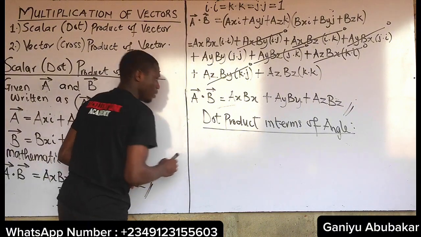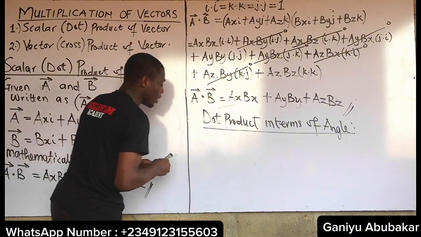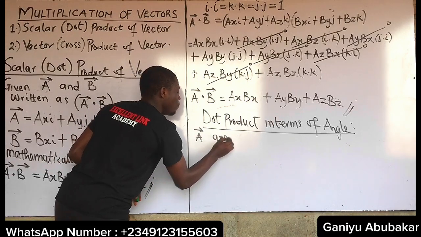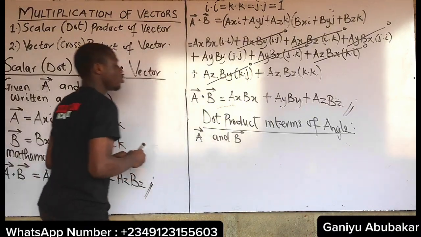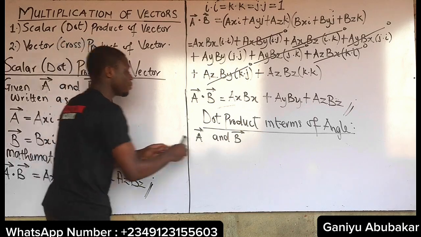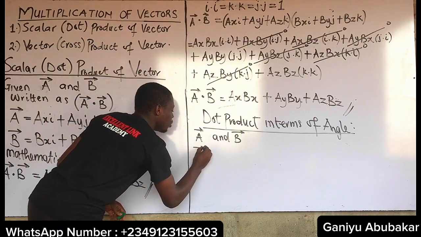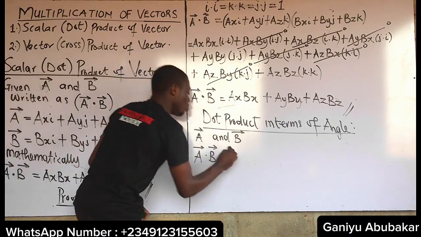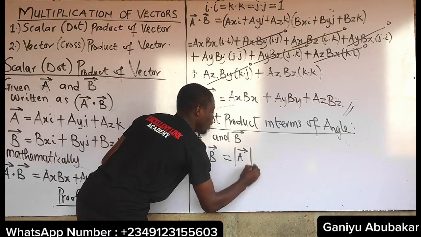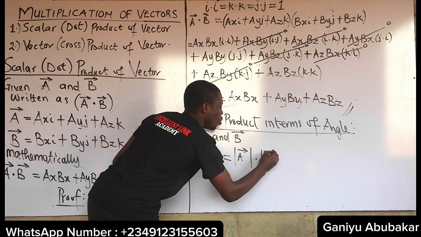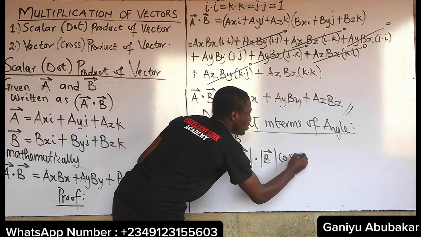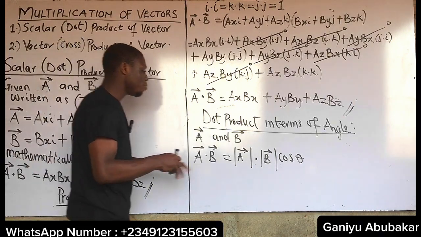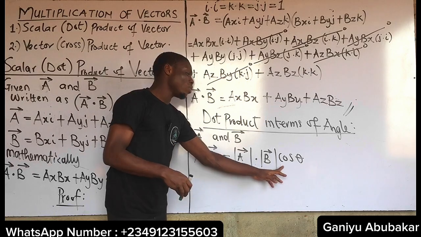Note that if two vectors multiply in terms of angle, given two vectors A and B, so they're multiplying, I'll have A dot B in terms of angle is equal to the magnitude of A times the magnitude of B cos theta. So to express the dot product of two vectors, the concept is multiply the magnitude of each vector by cos theta.